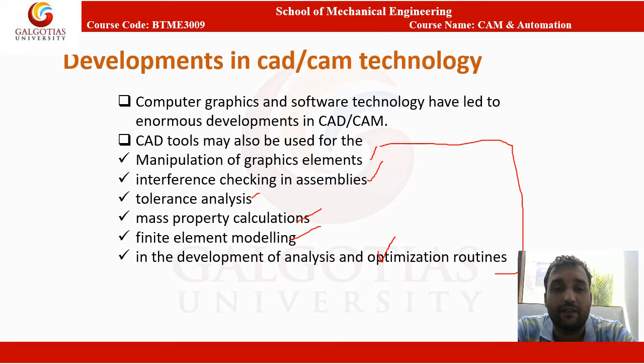Then there is tolerance analysis: we can analyze the tolerance, the minimum tolerance required. Then mass property calculations, and finite element modeling in the development of analysis and optimization routines. So these are the developments.